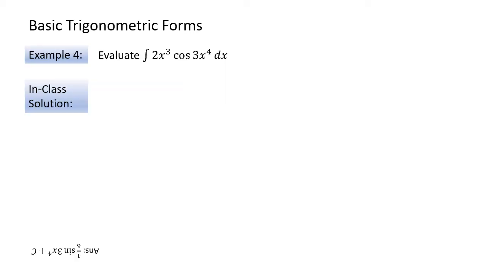Okay, so let's look at the first example that I have here. It's the integral of 2x cubed cosine 3x to the exponent 4 dx. So I've always said take the more advanced function. In this case, it's mostly true, but instead of taking the entire function, we're only going to take the 3x to the exponent 4.